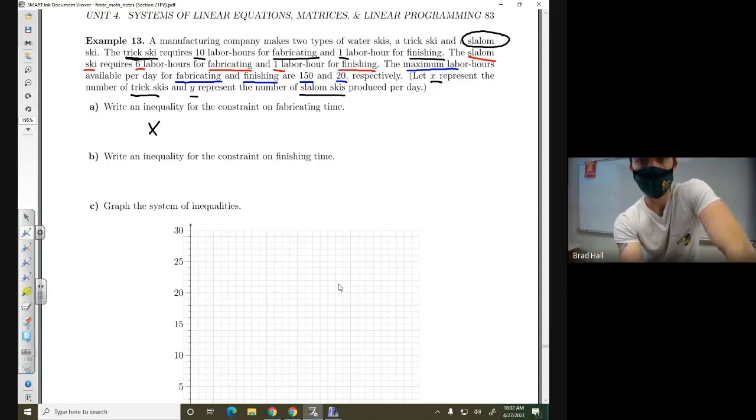So for X being the number of trick skis, it seems like we have 10X plus, I did this differently in a different class. Why am I drawing a blank? So I thought it would be 10 and, was it 6?